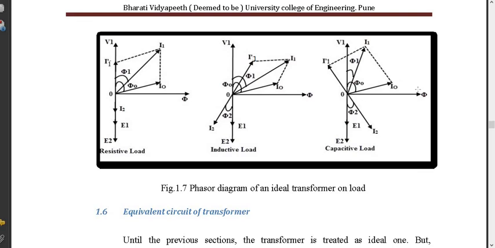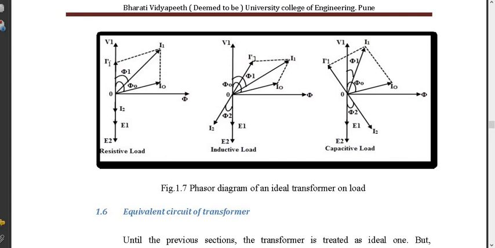Similarly for the capacitive load, phi is the x-axis, V1 is the y-axis, and E1, E2 are in the opposite direction, exactly 180 degrees by Lenz's law. Then there is I0, and then I2, which will be leading in the anti-clockwise sense from E2 by a certain angle, phi 2. Exactly of the same magnitude but in the opposite direction will be the secondary reflected current, I1 dash, and the phasor sum of I1 dash and I0 will give you I1.